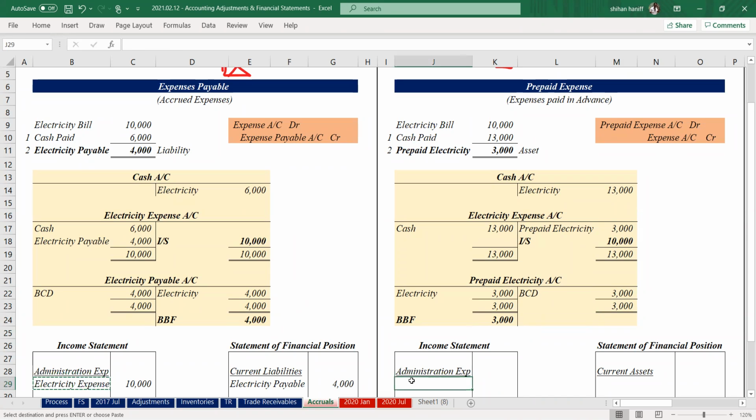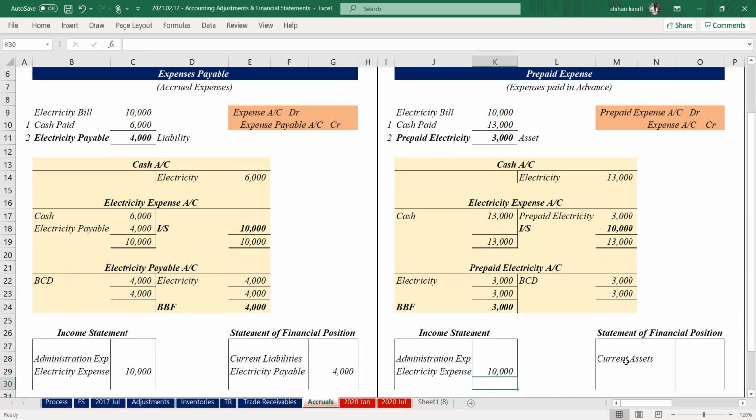So administration expense. Expense is 10,000. Prepaid electricity. It comes under current asset. 3,000. Right? So remember, the liability comes under current liabilities.